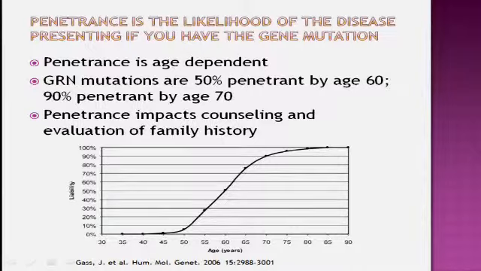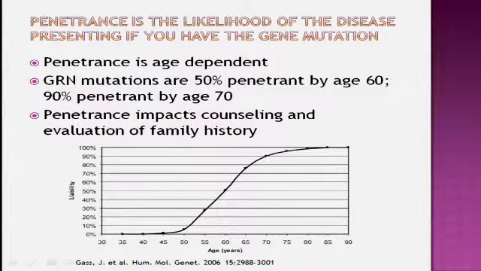But that could mean that you don't have disease until after age 70, so that's an important thing to consider in terms of how you're going to feel about doing some testing at age 20 or 30 in terms of your future, that it's not always easy to predict what it's going to mean.